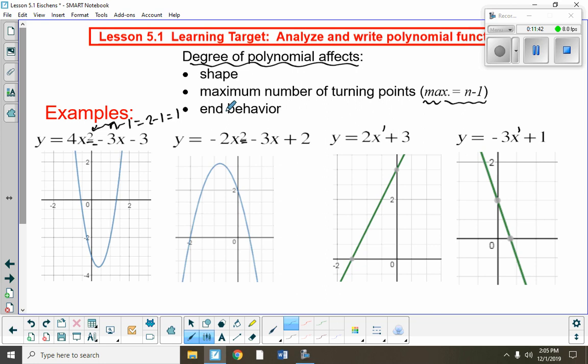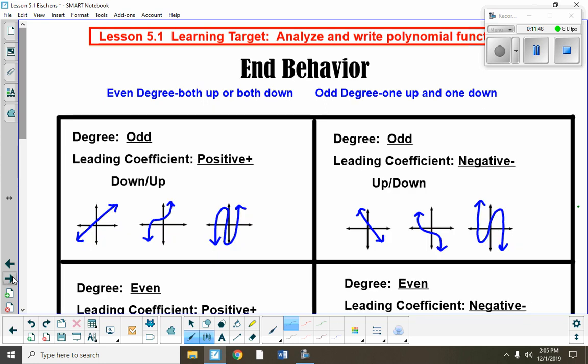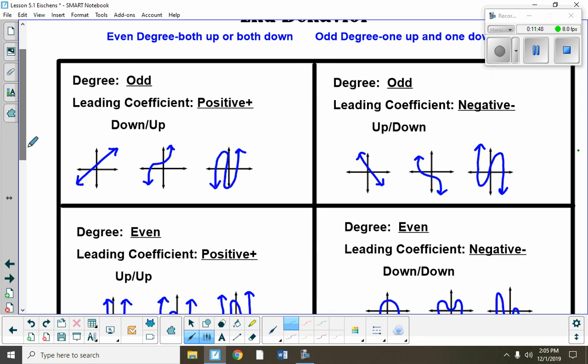Whether it's up-up, down-down, down-up, or up-down. So the pattern is, if the degree is odd and the leading coefficient is positive, this end will be down and this end will be up. So again, down, up. It doesn't matter how many turns are going on in there.